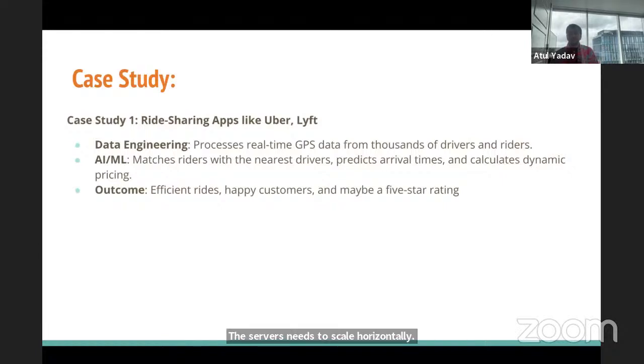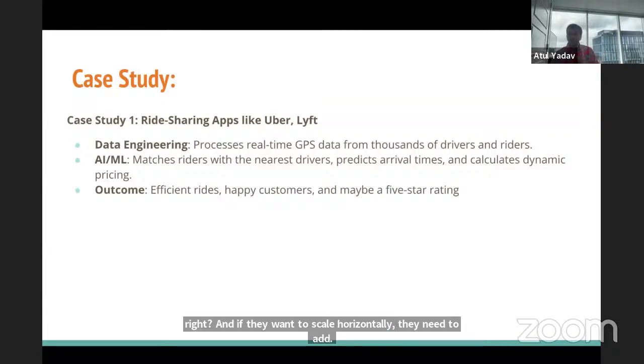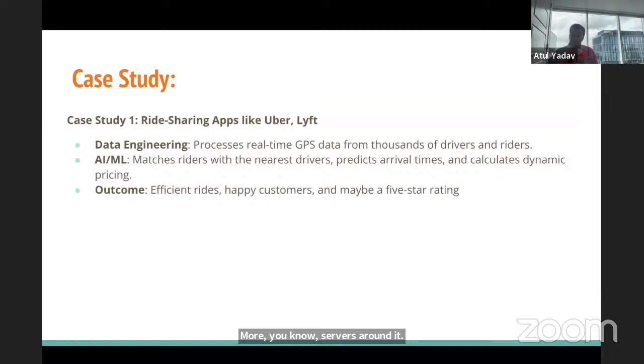And if they want to scale horizontally, they need to add more servers around it. Okay. So by servers I mean storage here. And servers will also be added as a part of the storage as well. You need to mount the volumes on top of the servers, and then you can scale your servers, right?